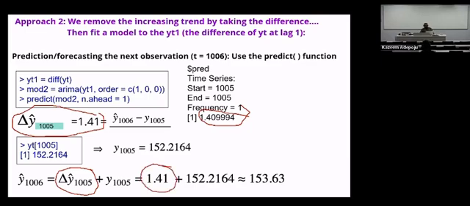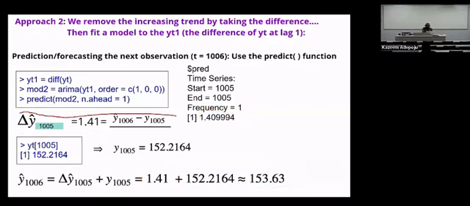Does that make sense? Okay, you saw the code, right? In the end, what we predicted is actually this. Any question? And do you know that this value that we got from here is more or less a change, which is the difference between 1006 and 1005?